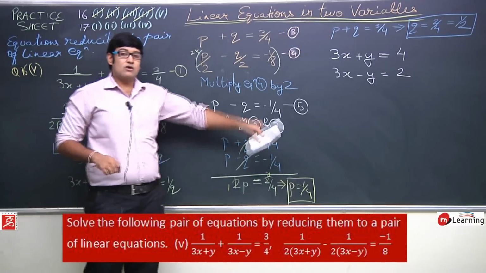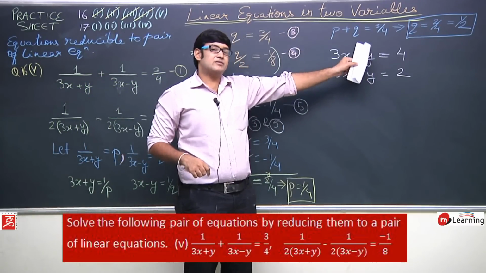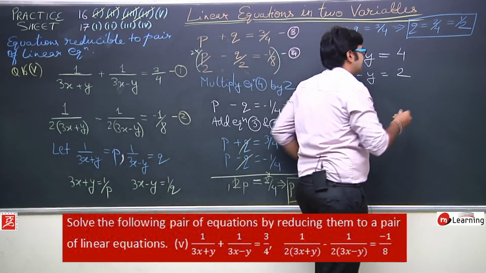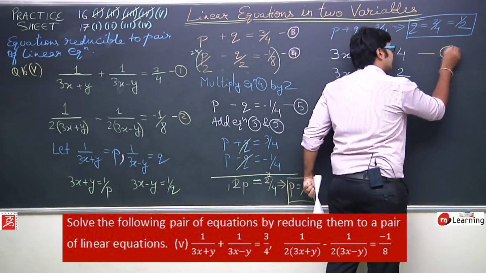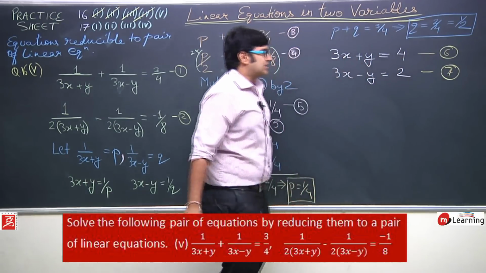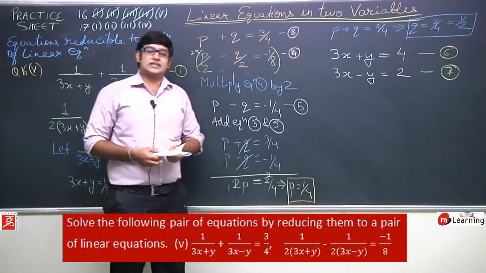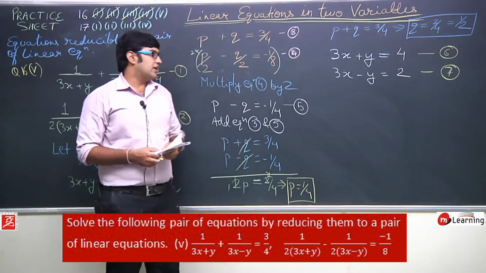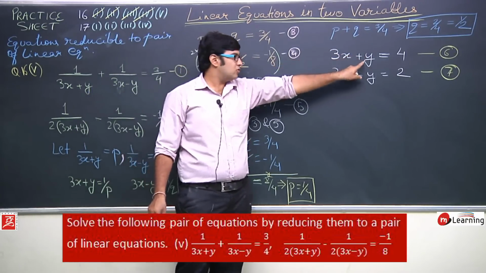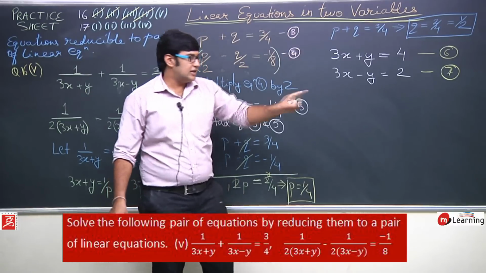Okay. So now we need to determine the value of x and y. How can we determine the value of x and y from these two equations? This is equation, let us say 6, and this is, let us say, 7. We can see that the coefficient of y is the same but with opposite sign. Here the coefficient of y is 1, and here the coefficient of y is 1, but with the negative sign.